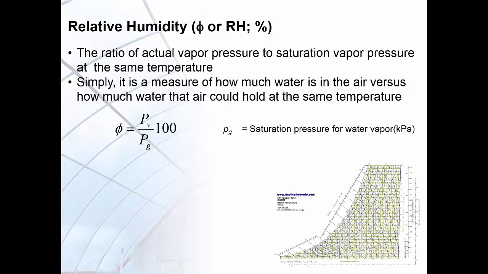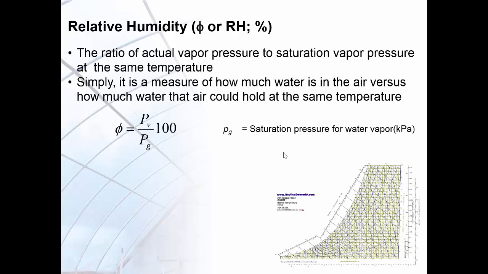Another term that we can use to describe the water content of moist air is the relative humidity, which is one of the simple ways of representing the amount of water vapor in the moist air. We can compute relative humidity as the percent water vapor pressure over the saturation vapor pressure, as you can see in this equation.